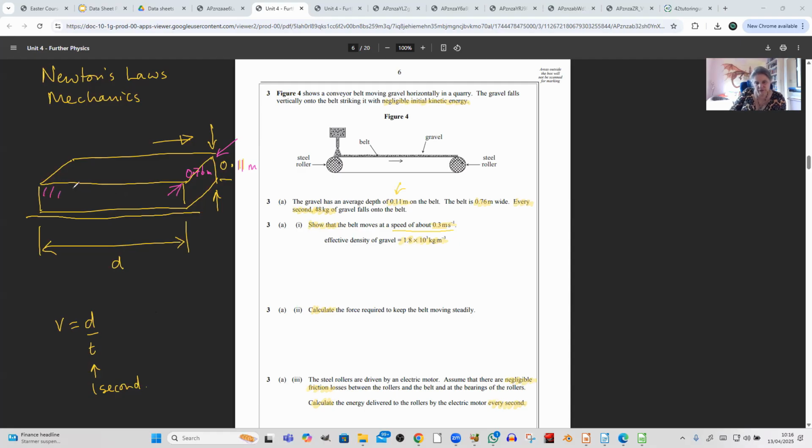So the mass of all of this is equal to 48 kilograms. Ray has put something in the chat which says D is equal to M over V, where V is the volume, and volume is velocity times width.